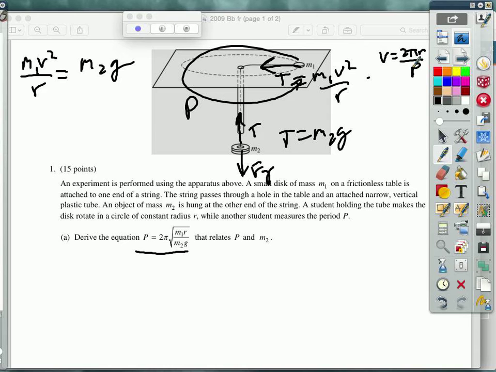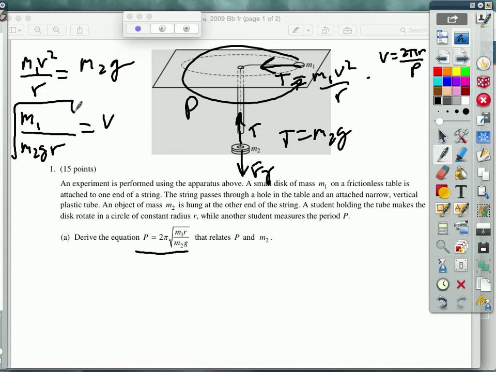So then I can stick that in there and say M1, you know what, that's annoying. Let me do this. I'll solve everything for V first. So I'll get M1 over M2GR equals V, so then I can take the square root of this.